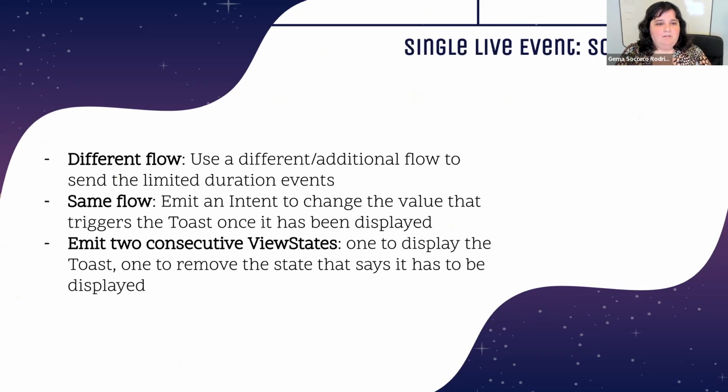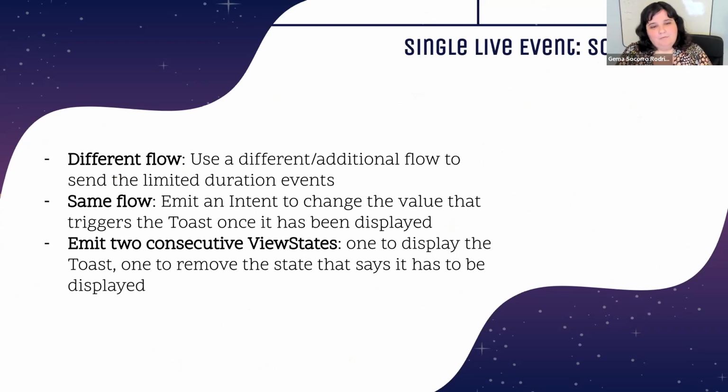Then you can use the same flow, which means that you will emit an intent to change the value that triggers the toast. It means that once you have shown the toast in your view, from the view itself, you will emit an intent saying remove the toast.